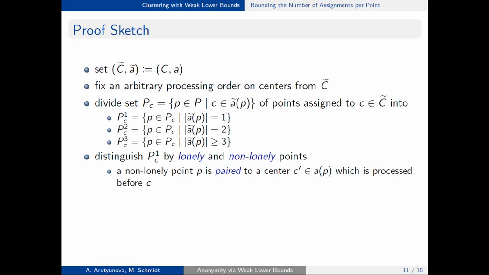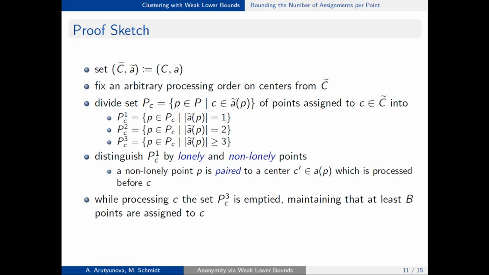So we distinguish PC1 by lonely and non-lonely points. We will not give an exact definition of these terms, but one can think of a non-lonely point as a point which has a center C' near to it, which is processed before C and which is contained in the original assignment A.